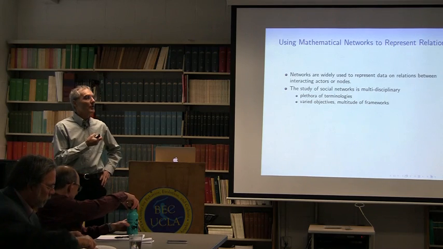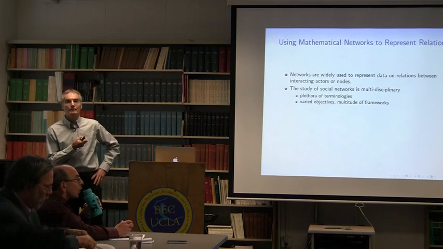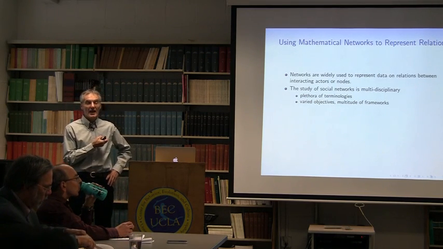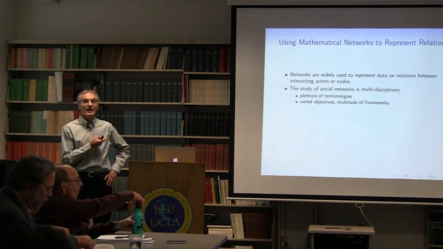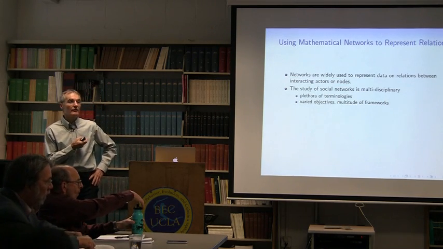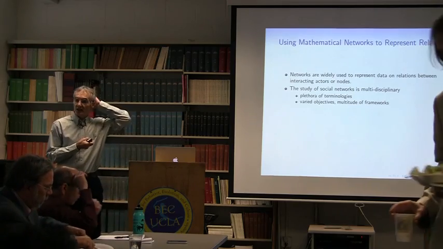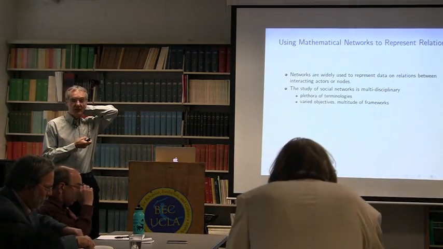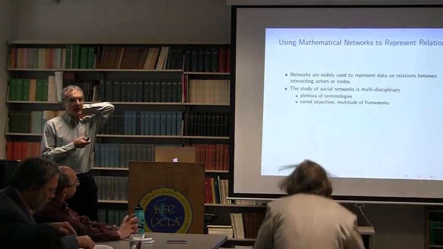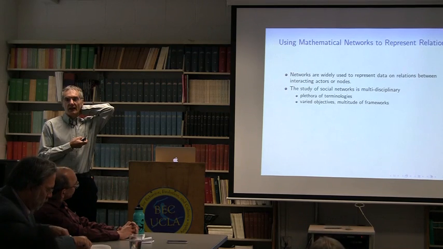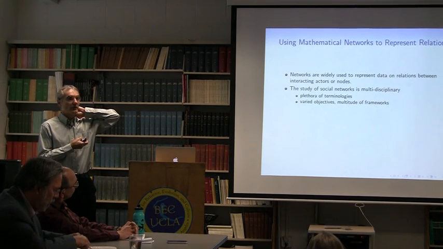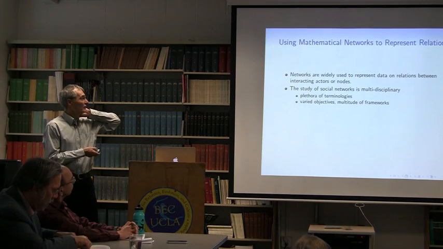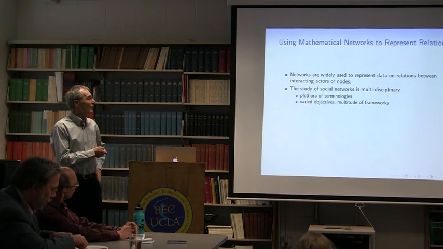So there are very often multiple terms for the same concept, and also very commonly the same term means different things in different fields. So if you're reading the network literature, you have to be very conscious of those things to make sure that the terms are well defined, and be very tolerant of it.